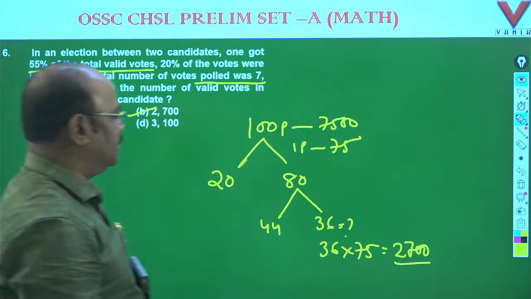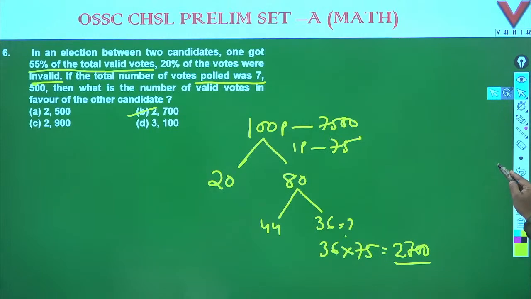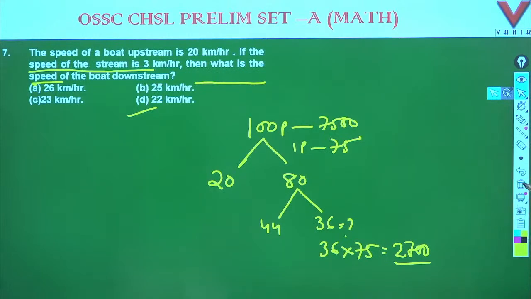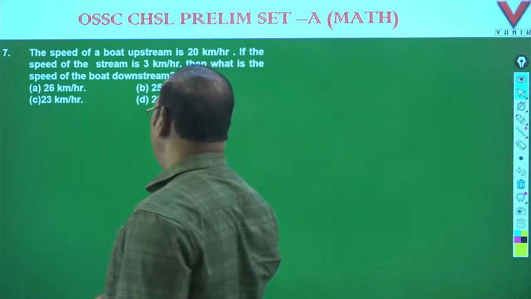Next question, number 7. The speed of a boat upstream is 20 km per hour.